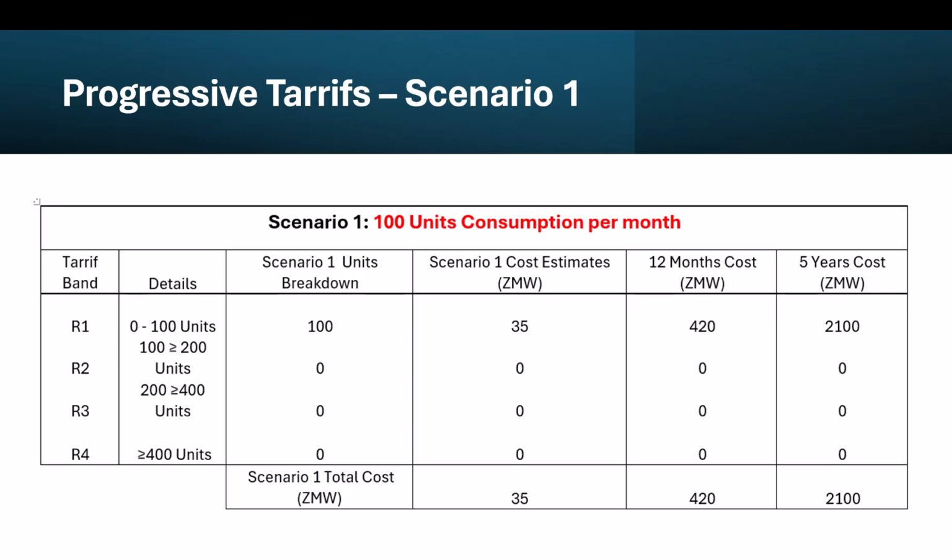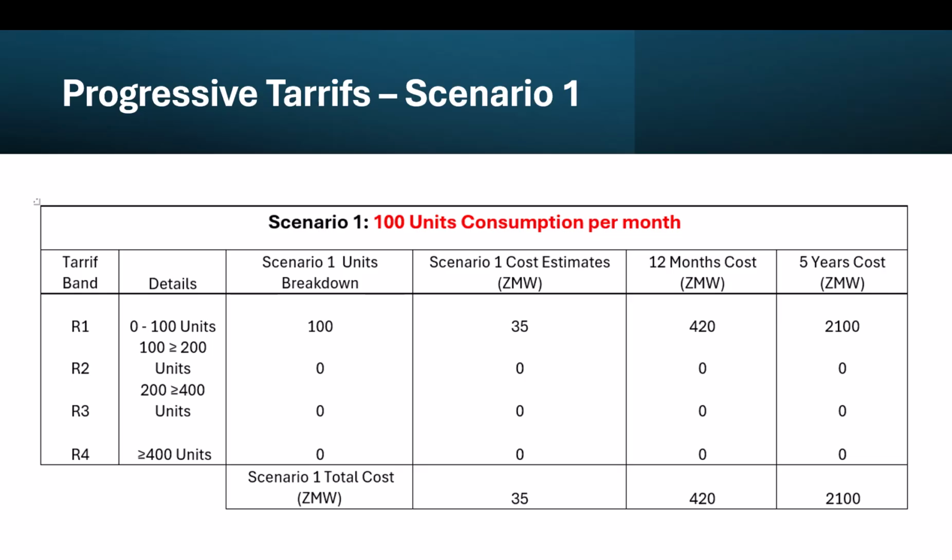Scenario 1 is optimal: with 2,100 and a consumption of 100 units, this gives you more of a lighting system and less of the other heavy loads.